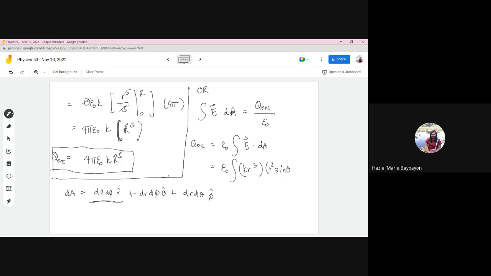So this should be d theta d phi: r squared sine theta d theta d phi.